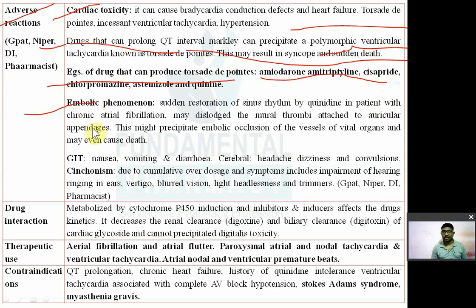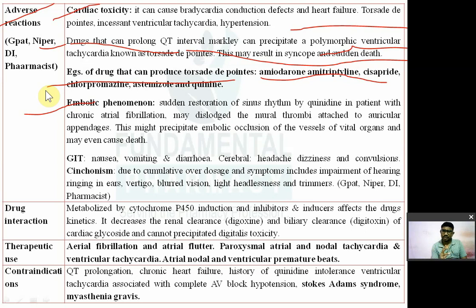So what this does: if there is an arrhythmia, sudden restoration of sinus rhythm, sudden correction of arrhythmia by quinidine in a patient with chronic atrial fibrillation, where the atria are beating at more than 180 to 300, suddenly bringing it to a normal level. What happens is that it may dislodge the mural thrombi. Due to the higher rate of atrial contraction, a thrombus develops, clotting develops in the atria, and sudden restoration of sinus rhythm causes dislodging of that thrombus from the auricular appendages.